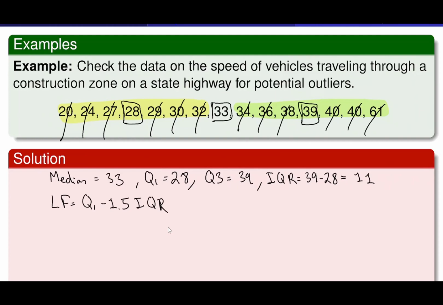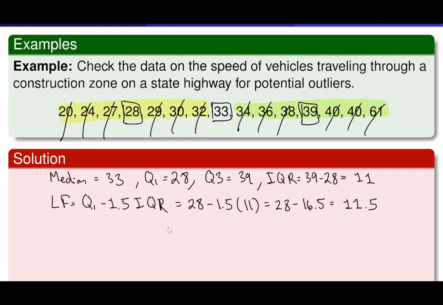Q1 is equal to 28, minus 1.5 times the IQR, which is 11. First you want to do 1.5 times 11, and that's 16.5. So you get 28 minus 16.5, and that gives you 11.5. So that's my lower fence.